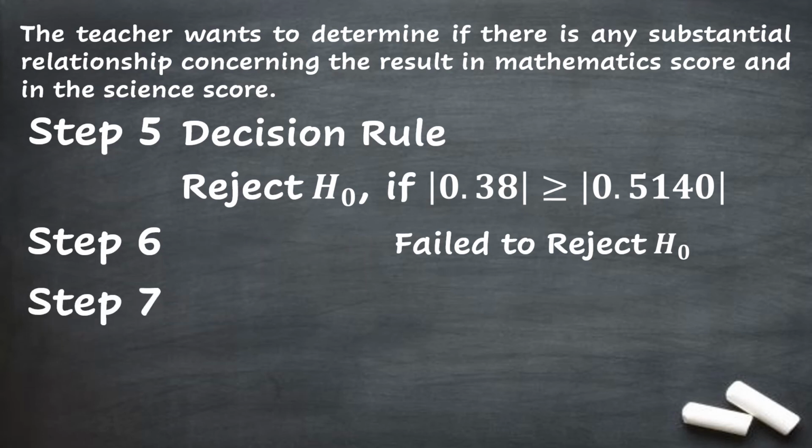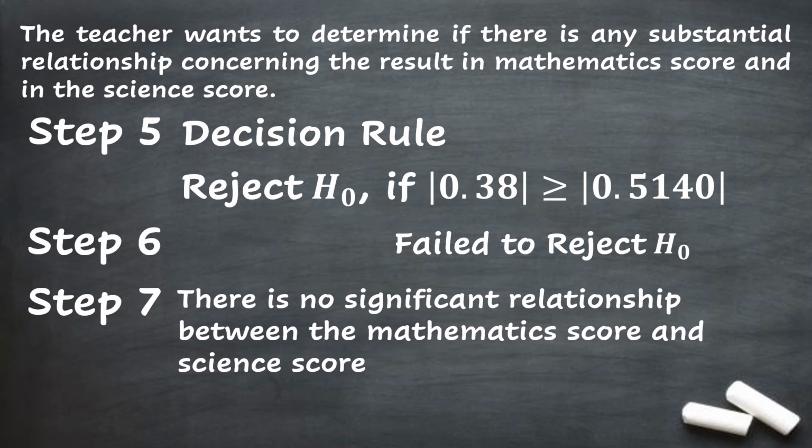Next step and last step for this given problem is the conclusion. Since we failed to reject the null hypothesis, the basis for the conclusion is the null hypothesis itself, and that is there is no significant relationship between the mathematics score and the science score.